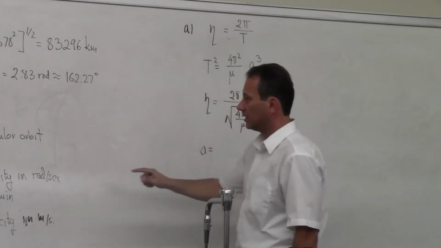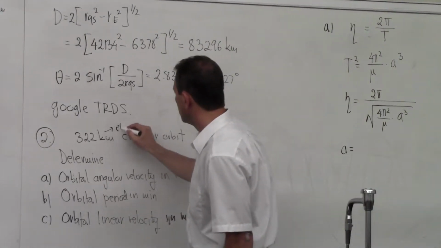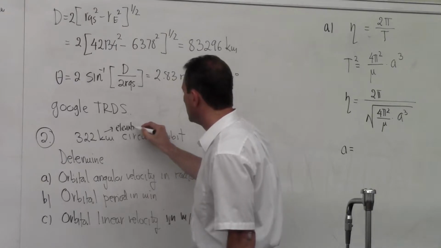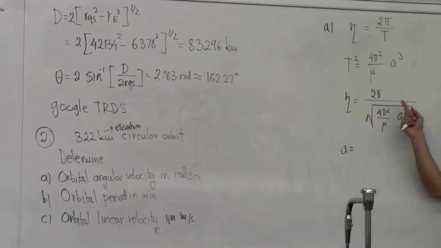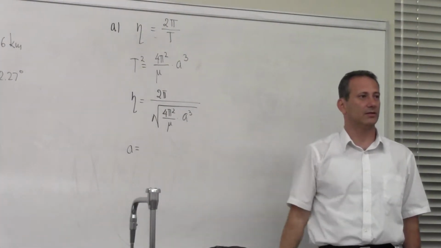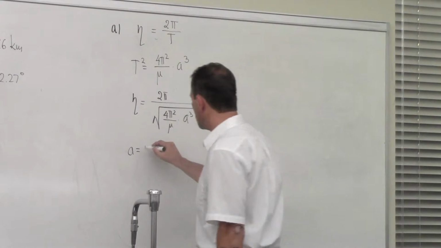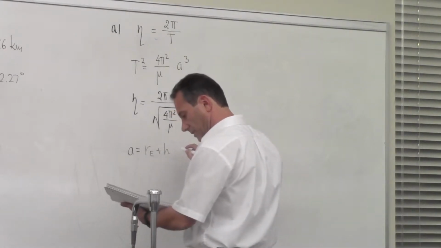And when you substitute the numbers, well, first, let's do a. The number given here is the elevation, right? So this is how far above the surface of the Earth. In these equations, a is measured from the center of the Earth, so you have to add the radius of the Earth. So this becomes the radius of the Earth plus the height of the orbit.